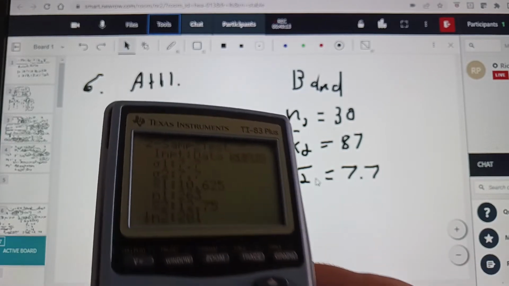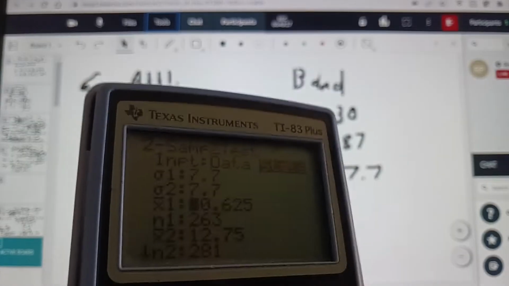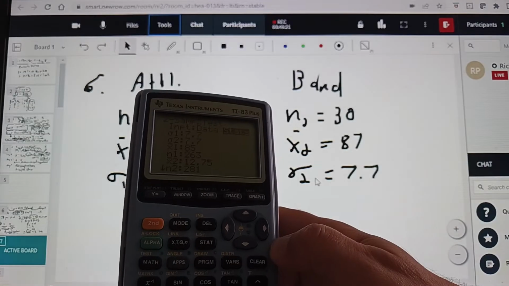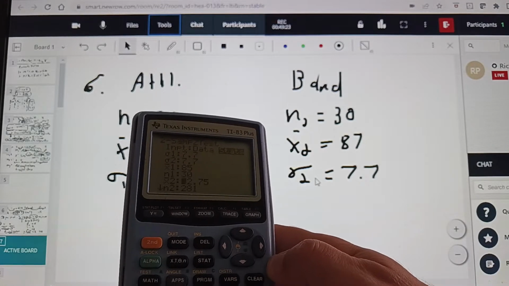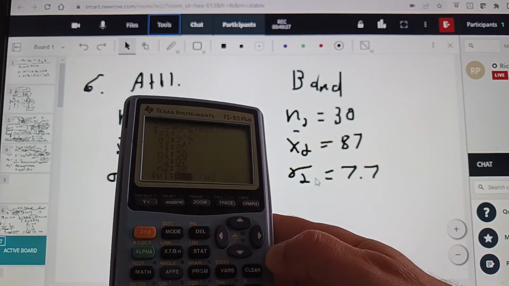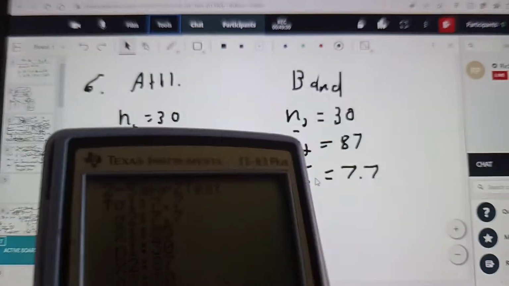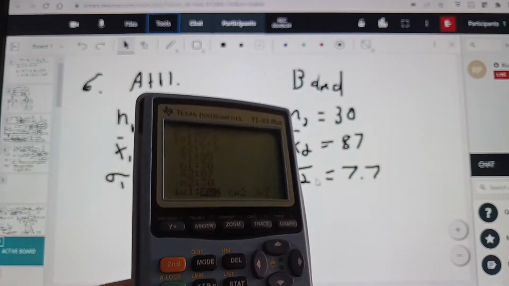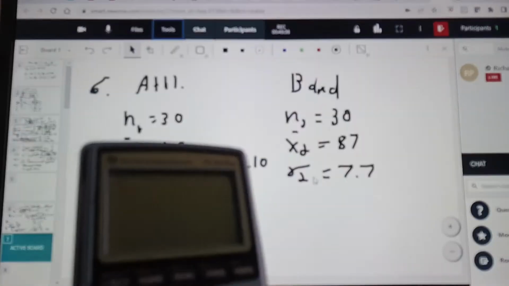They put the sigmas first and second to emphasize you have to know sigma to do z. X bar 1 is 85. N1 is 30. X bar 2 is 87. N2 is also 30. And then I just need to know what my alternative was. Mine was not equal to, so I can just leave it where I have it already and hit calculate.